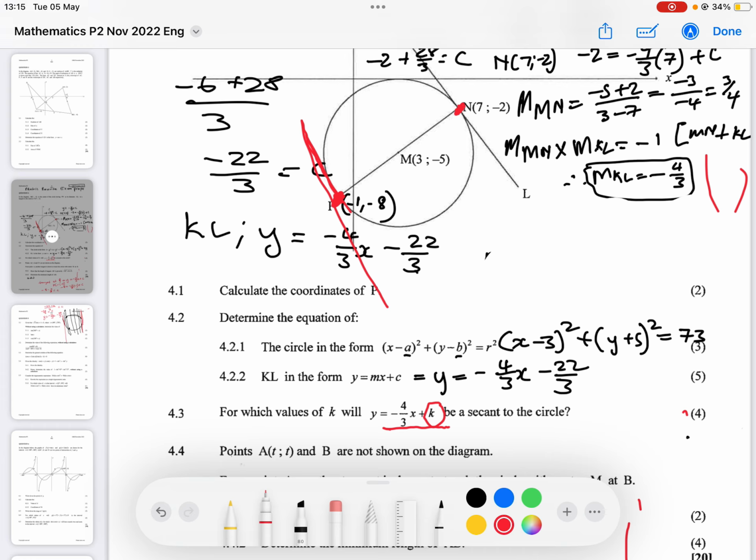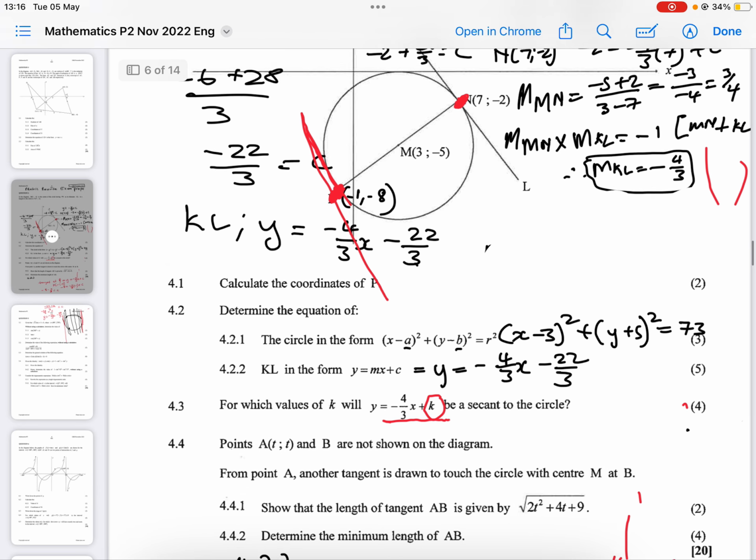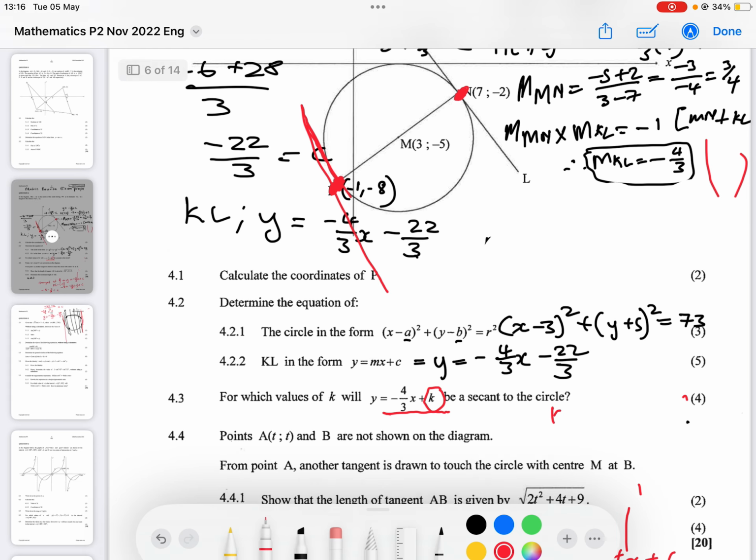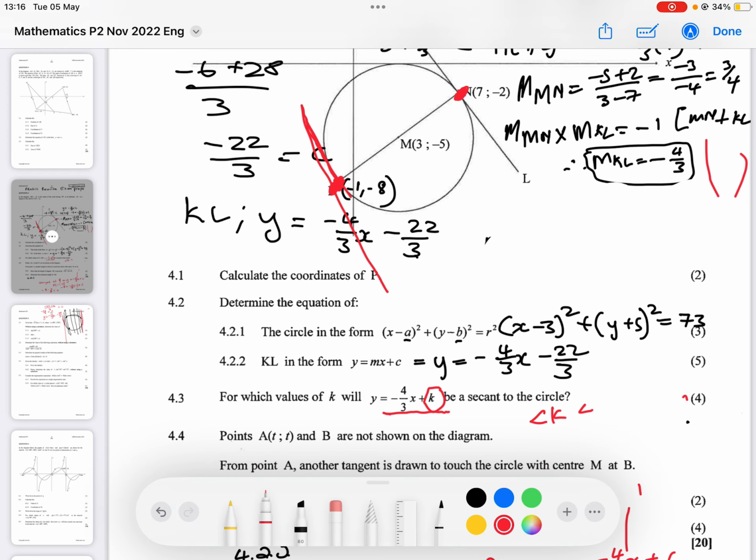So k will be in between the y-intercept of this tangent and the y-intercept of this tangent. Here you put the smaller y value, and the bigger y value at the other end.